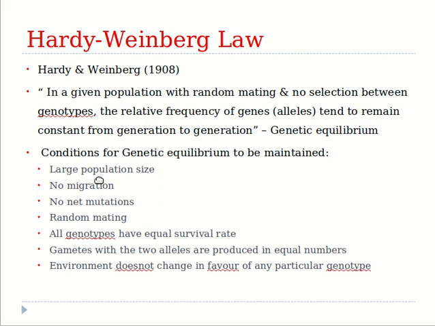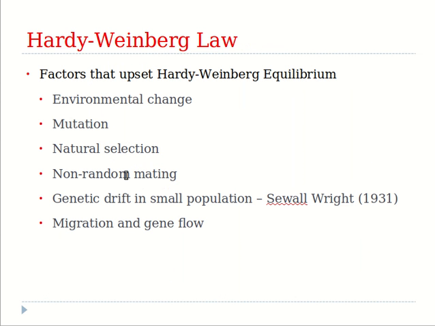If any of these conditions are upset. So upsetting the Hardy Weinberg equilibrium can result in evolutionary changes. The factors that can bring about upsets in the gene frequencies are mainly environmental change, mutation, natural selection, non-random mating, genetic drift, migration, and gene flow. Each one we will look into in detail.